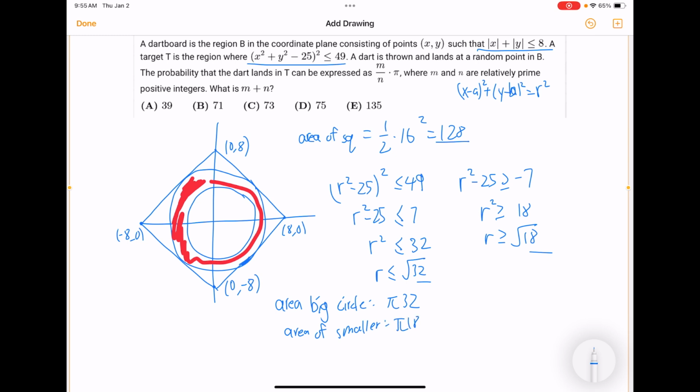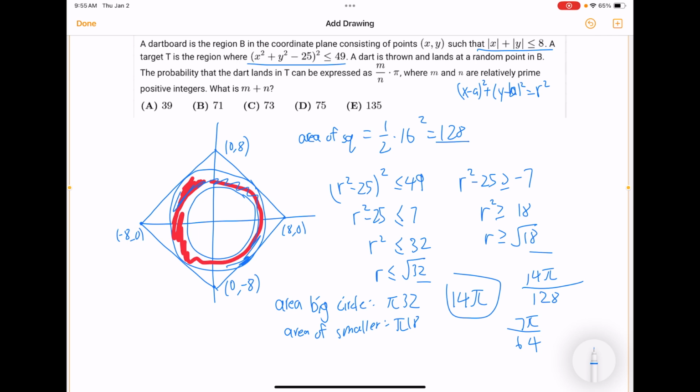Then I'm going to subtract these two to get 14 pi, which is the area of the red part, the area in between these two circles. That's what we're trying to find, because that's the target T, that's the region. So I'm just going to do 14 pi over the whole area, which is 128, and then we can simplify to get 7 pi over 64.